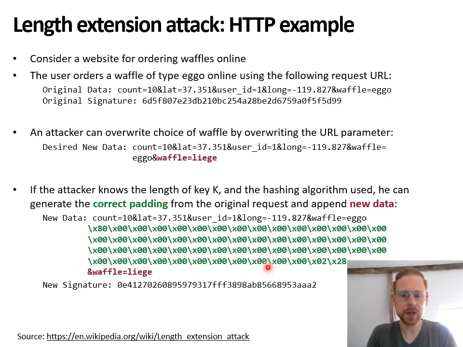Based on the hash value of this first part up to the original padding, which is this value, the attacker can then use this as input for the last remaining blocks and generate a new signature. This signature will be valid, and the attacker does not know the secret key that was used to create the original signature. So as you can see, even in practice, this attack can be used.